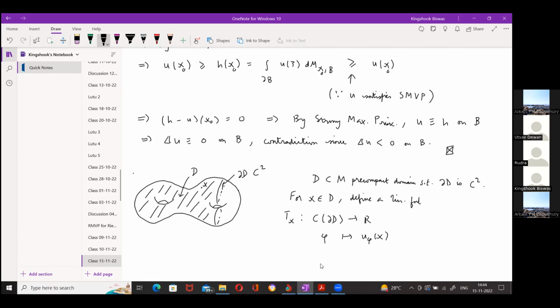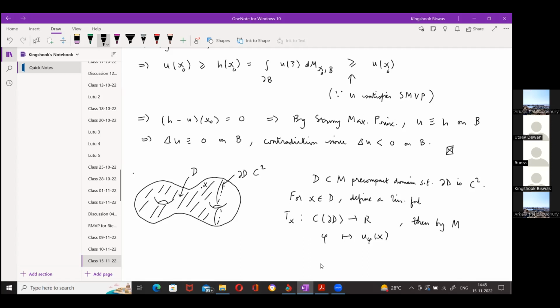We know this exists; you can take it to be the Perron solution, which is the unique solution of the Dirichlet problem. Then the same argument as before, using the maximum principle, tells me that this will be a bounded linear functional of norm less than or equal to 1.